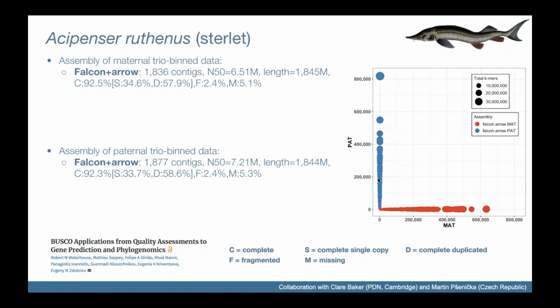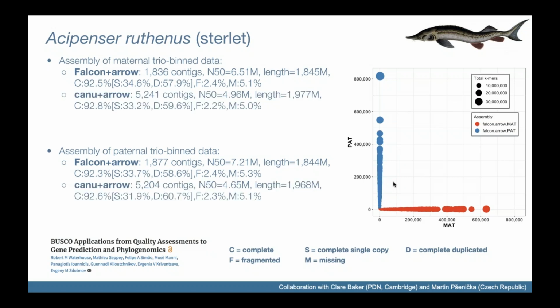And then its position on the x or the y-axis is how many of those k-mers are assigned to either the paternal or the maternal unique k-mers. For a lot of assemblies, you'd get things off the axes here, but for these, we've separated them out quite nicely.